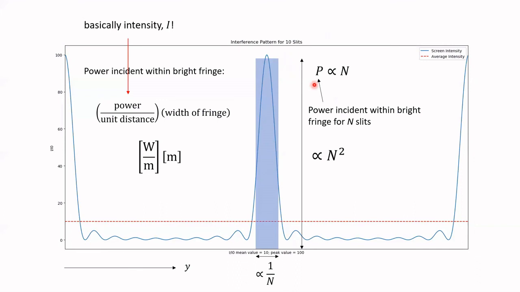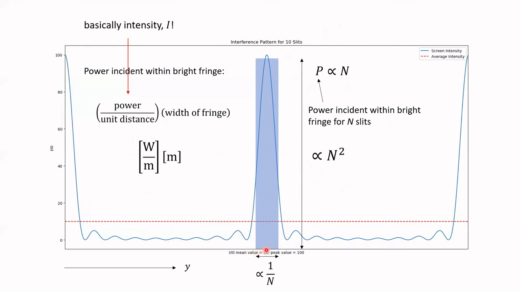Well, knowing this is what allows us to deduce that the width of each fringe must get narrower as we open up more slits. Because if you take the height of the curve representing intensity versus position, we've already established that height, which is the height of the rectangle, depends on the square of n.